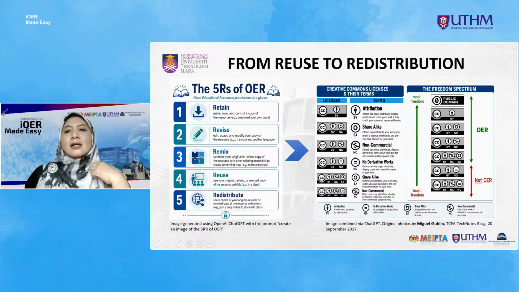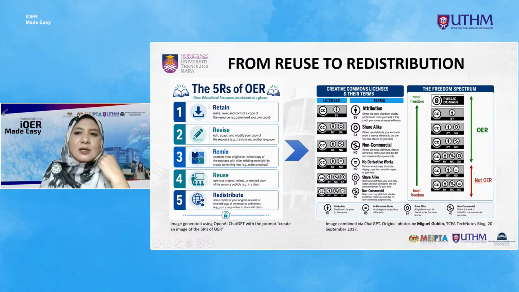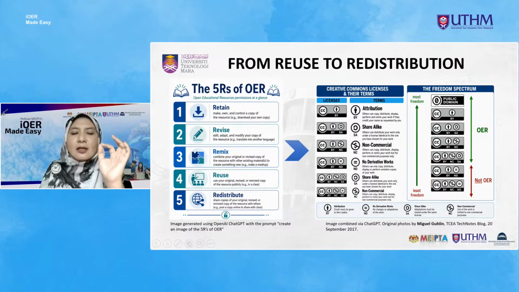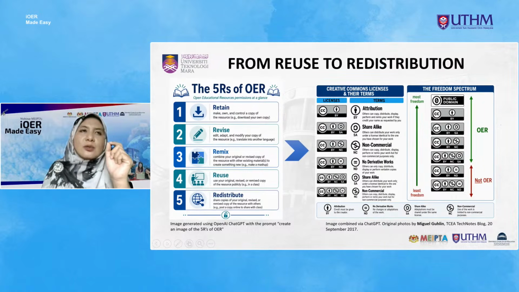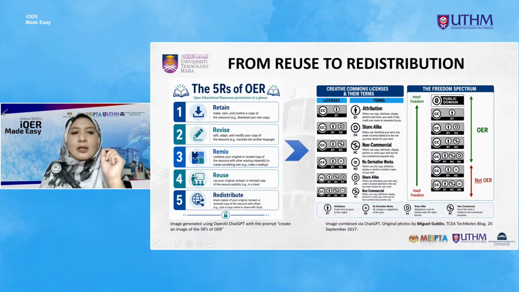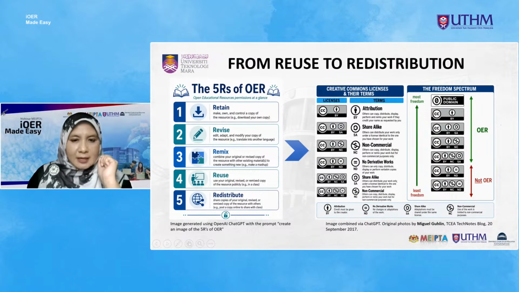So if you refer to the freedom spectrum, from CC BY until CC BY-NC-SA, we can consider these as OER. But if you strictly don't allow the user to remix, reuse and distribute, then definitely it is not an OER.